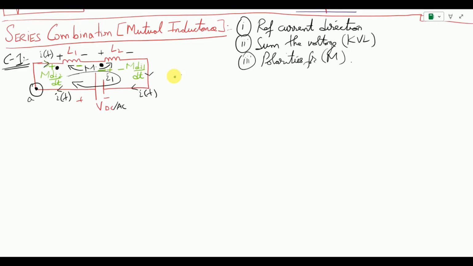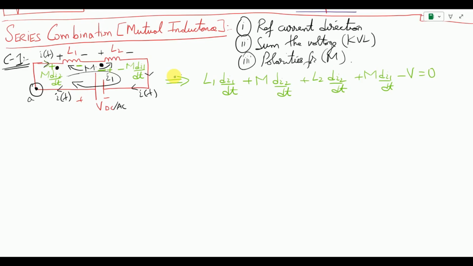So here I can write the equation as L1 di1 by dt, then plus M di2 by dt, then plus L2 di2 by dt, then plus M di1 by dt, and then minus v equals 0.